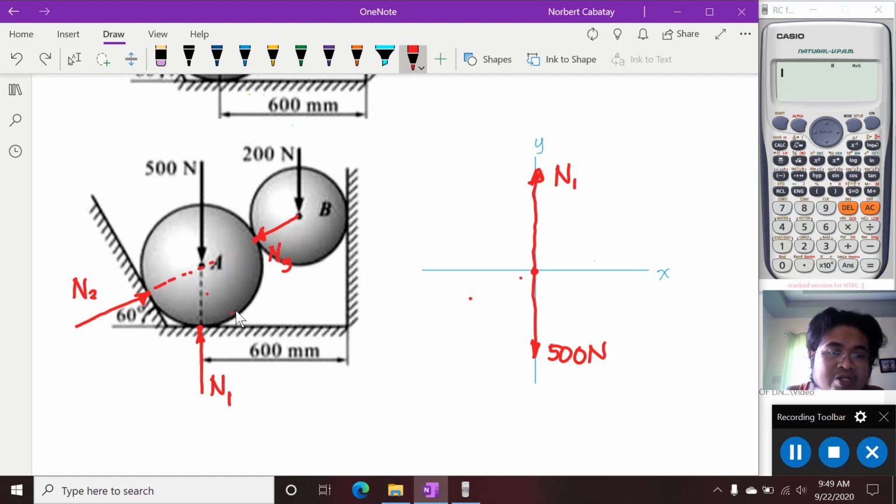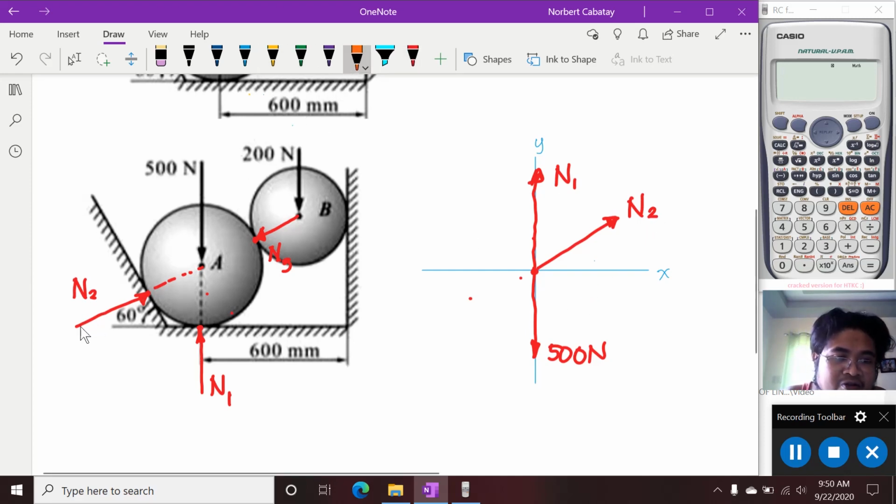So that will be N sub 2. Ang problema natin, what is that angle? So, consider natin itong triangle na to sa baba. If this angle is 60, ito yung 60. If this is 90, bakit ko alam na 90?